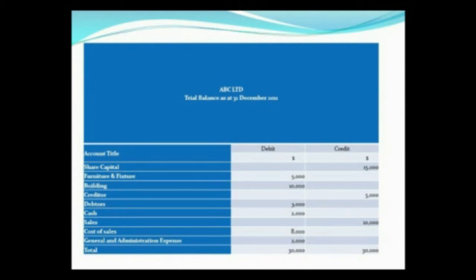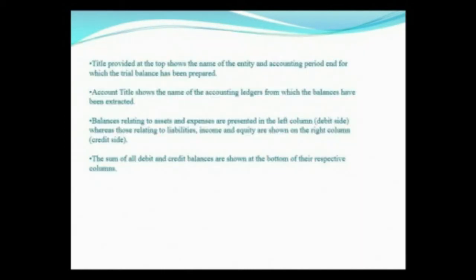We list all the accounts like this, and in the end we add up all the debits and all the credits. If both the debit and credit grand totals are equal, it means we have created the correct trial balance. And if both amounts do not match, it means some problem has occurred.